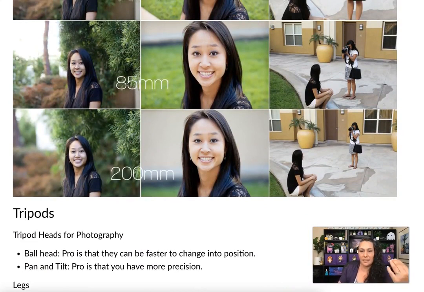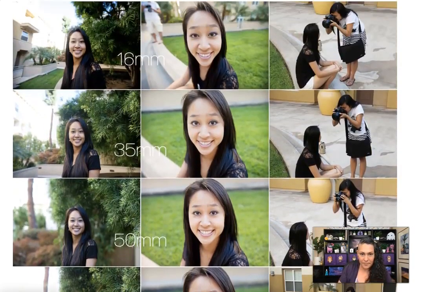And as we're looking at this, you can also see that they've taken a photo with the person in their surroundings. They've taken a photo where the person's whole face is filling the frame. And this is a photo of the photographer showing how close they had to be to their subject to fill it with their subject's face.